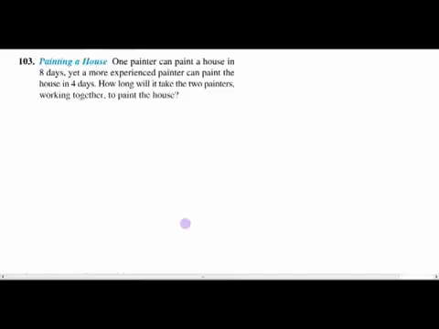One painter can paint a house in 8 days, and a more experienced painter can paint the house in 4 days. How long will it take the two painters working together to paint the house? We start with our formula, T/A plus T/B, and it equals 1. The thing we're solving for is how much time it takes together to paint the house, so T will be our variable.